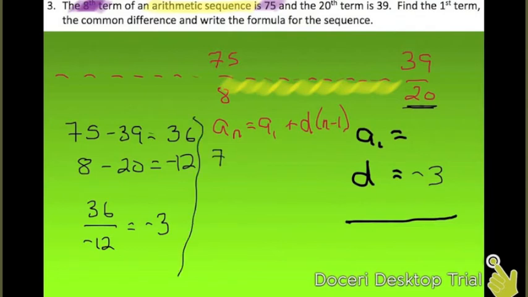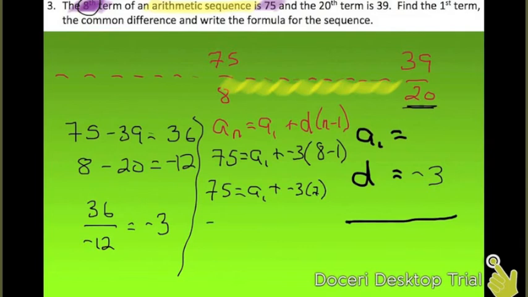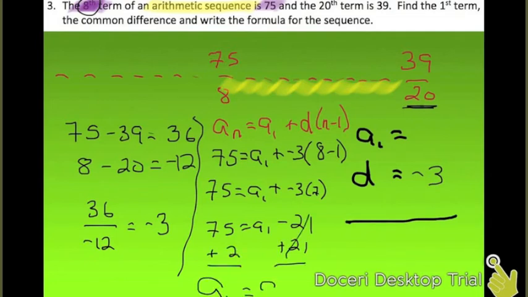So 75 equals a sub 1 plus our common difference, negative 3, times, we're looking at the 8th term, so 8 minus 1. So 75 equals a sub 1 plus negative 3 times 7. So 75 equals a sub 1 minus 21. If we finish solving that, we will end up with our first term equals 96.